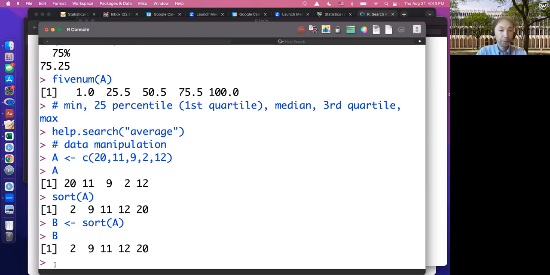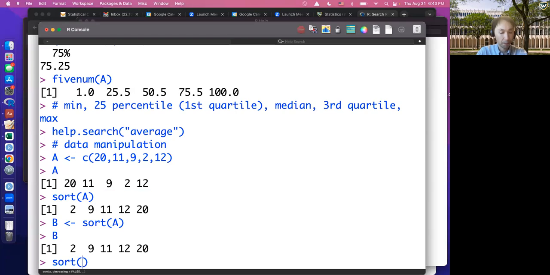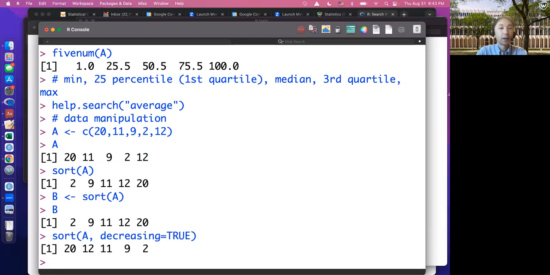If you want to sort in decreasing order, we have several ways. One is the sort function on A with the decreasing option, decreasing equal to TRUE. Then you can get A in decreasing order.